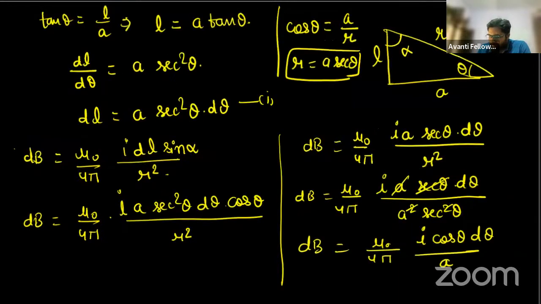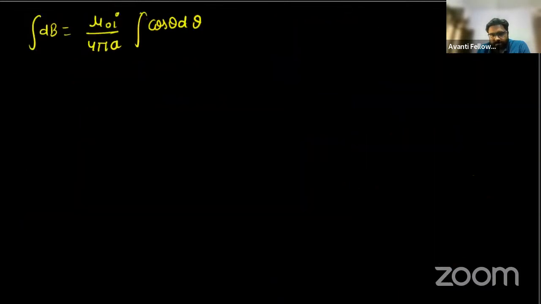So the limits are minus phi 2 to phi 1. The same thing that we did when we derived the electric field due to an infinitely long charged wire.